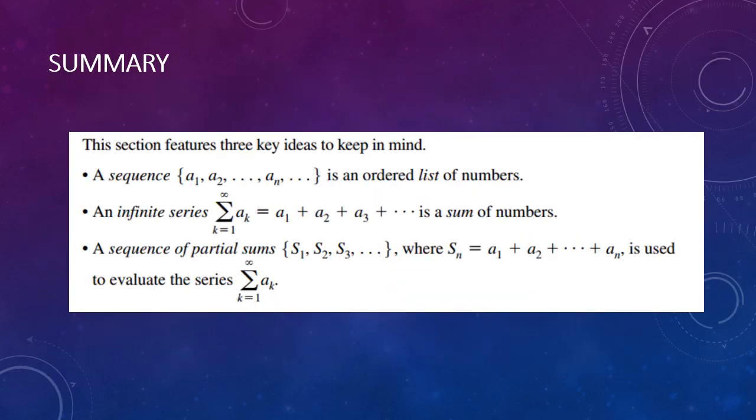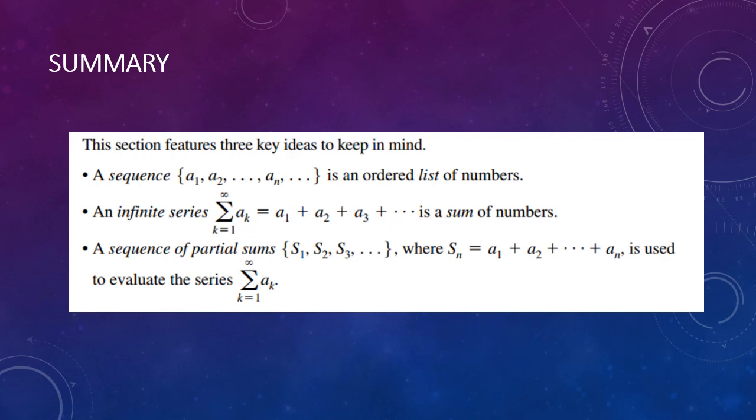So this chapter has 3 big ideas for you to keep in mind, and it's sometimes difficult because of the notation. A sequence, a sub 1, comma a sub 2, up to a sub n, is an ordered list of numbers. It's a list.